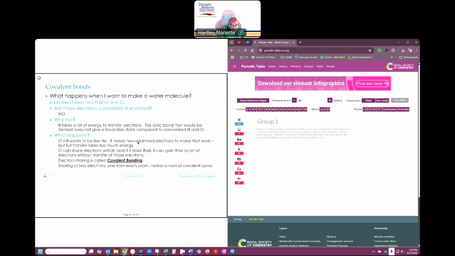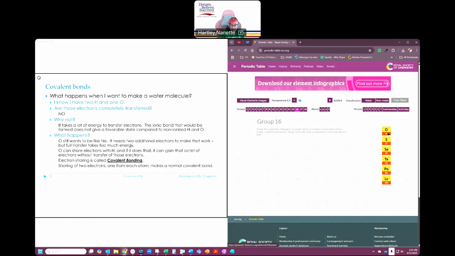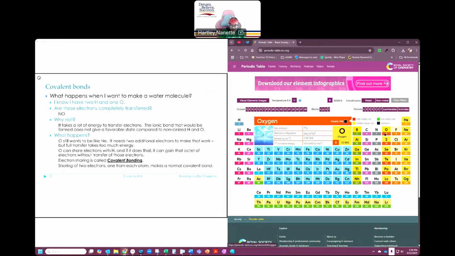But I can't always do that. Now, if I have hydrogen and oxygen, right? I know that hydrogen wants to have 2 electrons, and I know that oxygen wants to have 8. Hydrogen needs 2 because he's here, and oxygen, being over here in group 16, wants to pick up 2 electrons to be like neon, so he wants to have 8.